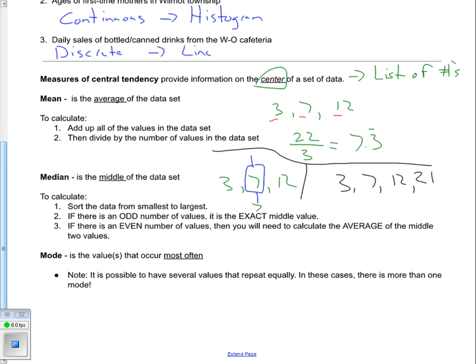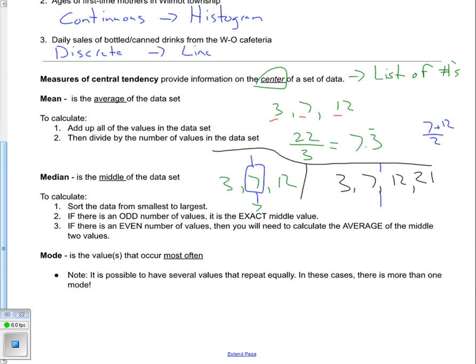Now I have 4 numbers in my data set. So I don't have a middle number. The middle number is actually somewhere between these two. So my two middle numbers, I've got 1, 2, 3, 4. The middle is somewhere in this area. It's between 7 and 12. So what I need to do is calculate the average or the mean of the middle two values. I'm going to do that just quickly off to the side. I've got 7 plus 12 divided by 2.